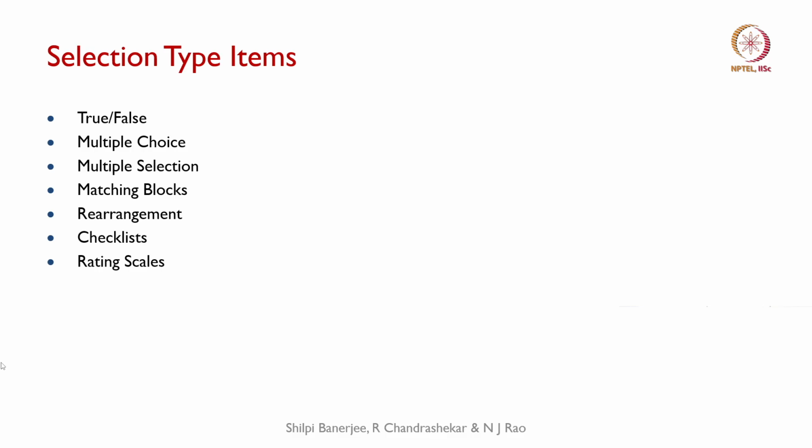Then you may want to rearrange some items as a priority, as importance, whatever you consider. The question may require you to rearrange the given set of items. Then you have checklists. Then you have rating scales. These are some of the things that you already are familiar with in the previous weeks.